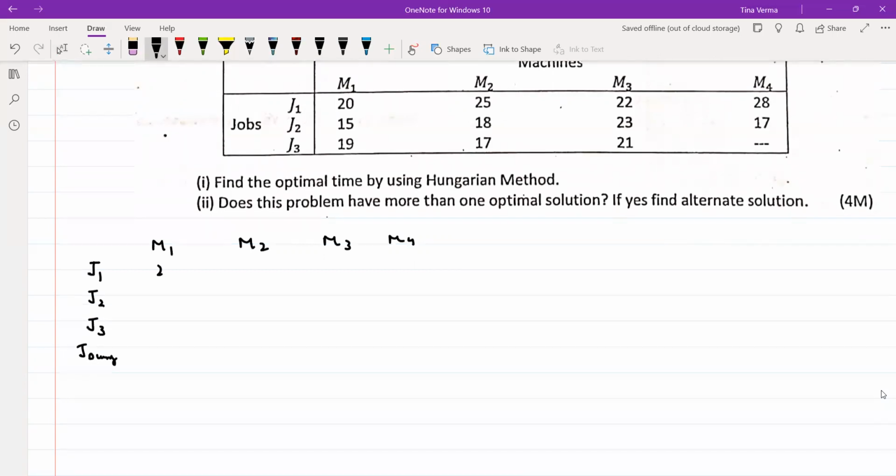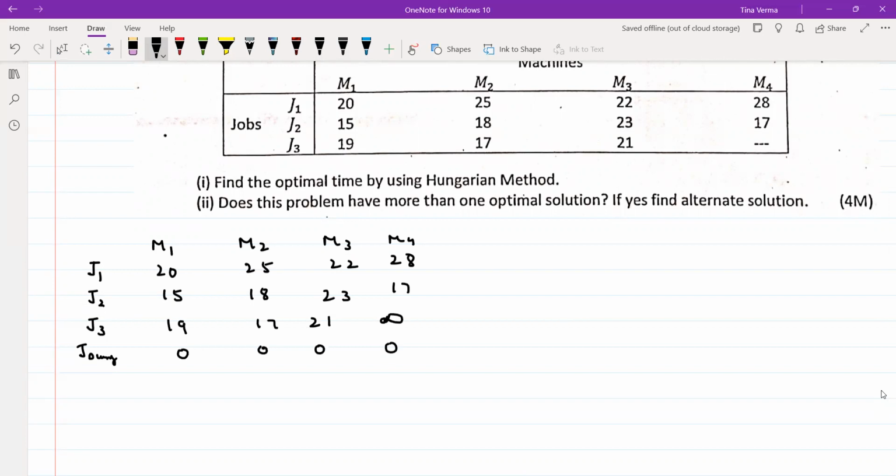So here this will be 20, 25, this is given as 22, 28, and this is coming out to be 15, 18, 23, 17, 19. This was 17, 21. Because here is a dash, that means you cannot assign this job, so this is my infinity. So this was my assignment problem.